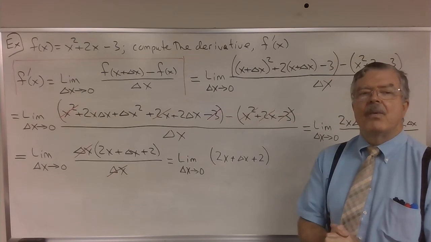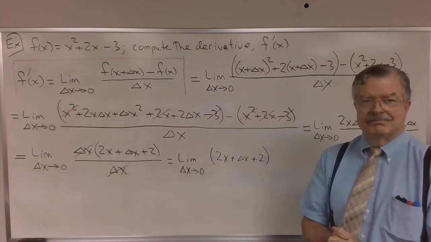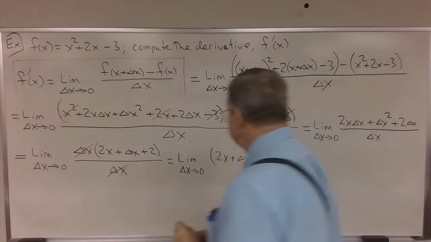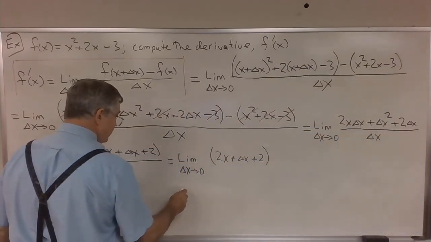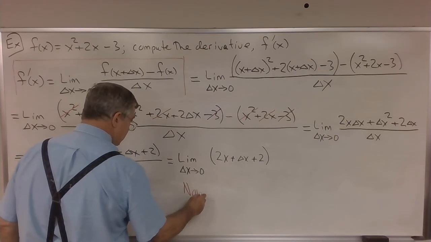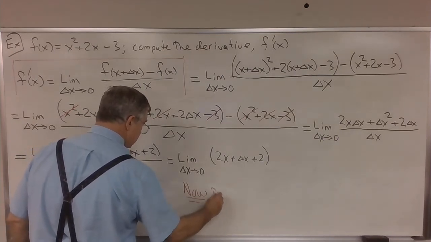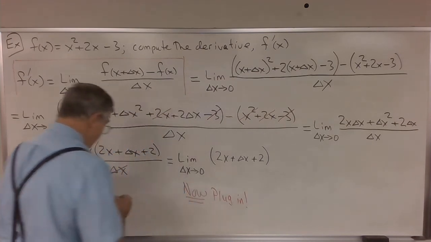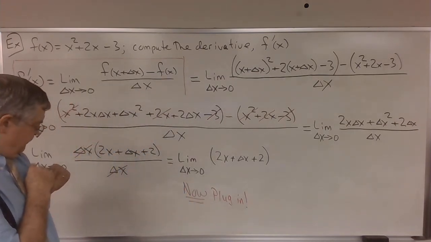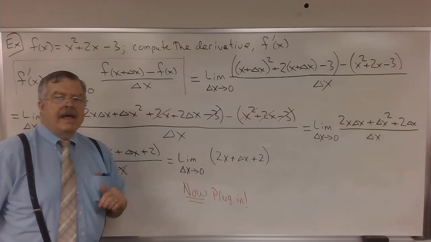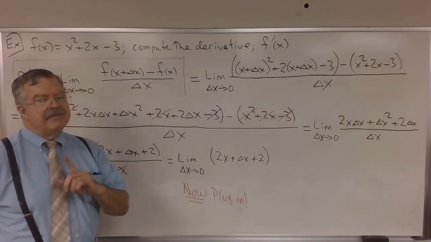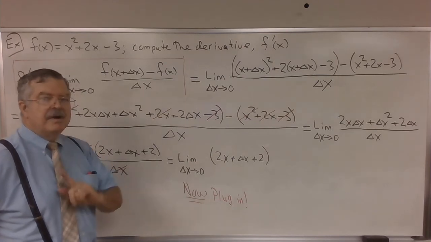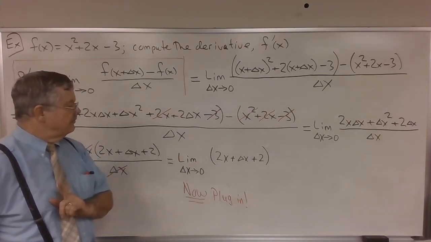So now what do we do? Now I can plug in, right? So I'll denote that. And we haven't used delta x before, so I'm going to point something out.